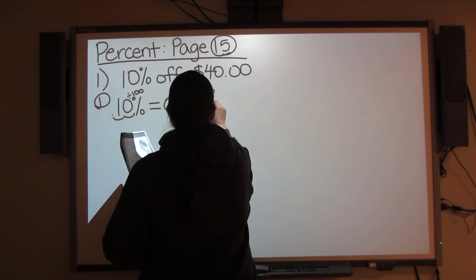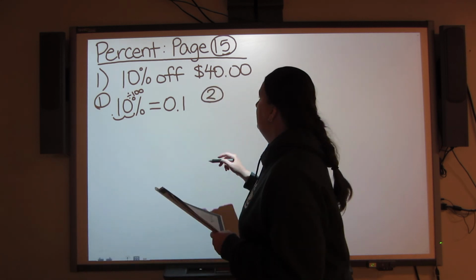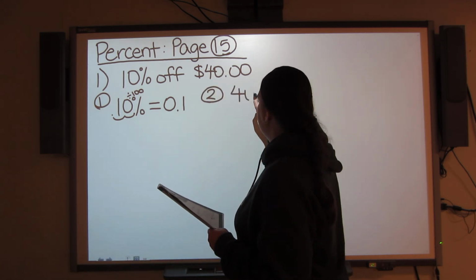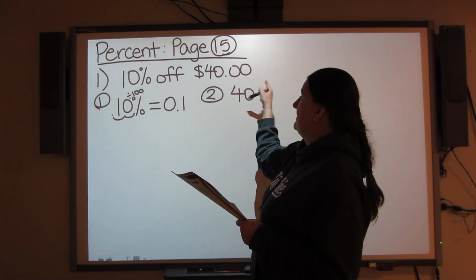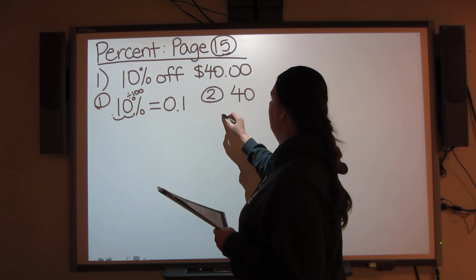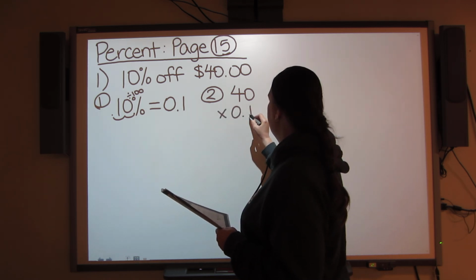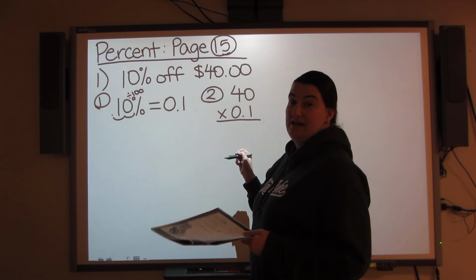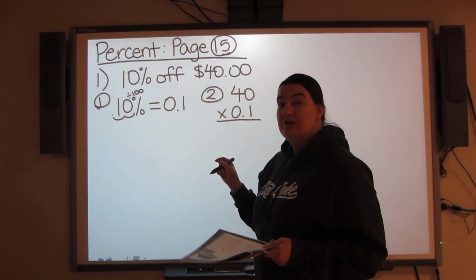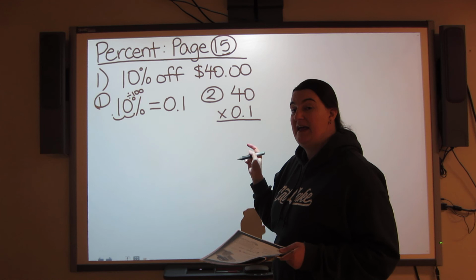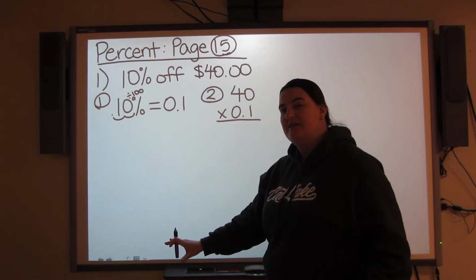Step 2. Take your $40, you do not need to put the cents on there, and multiply it by your decimal. Yes, I know you could do this in your head because it's a power of 10, but we're working through the steps.